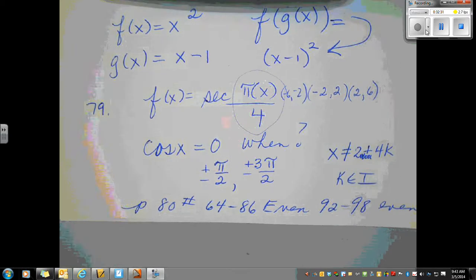All right, I need to talk one minute about the intermediate value theorem. On page 77, it says what the intermediate value theorem is.